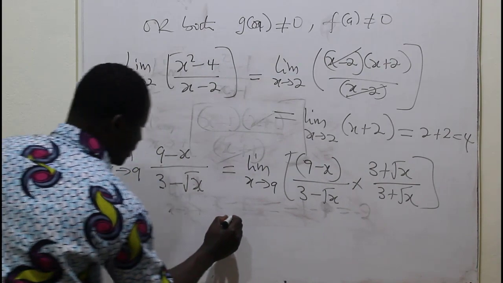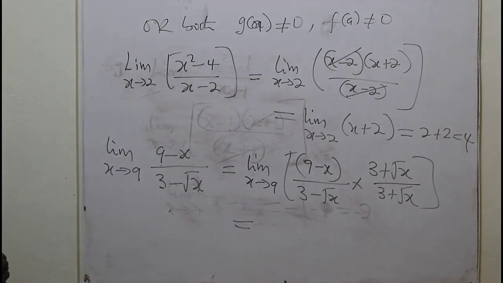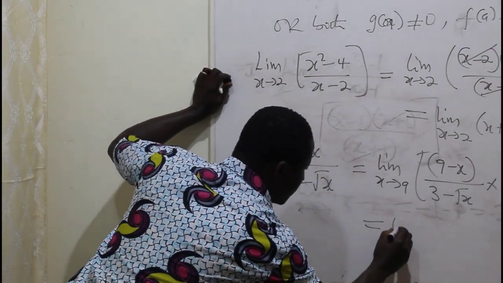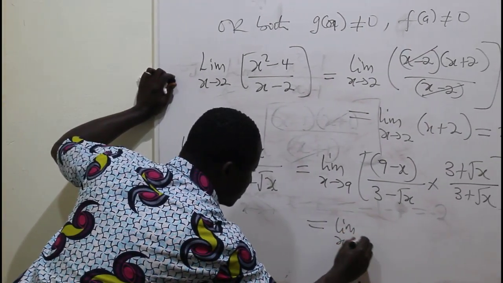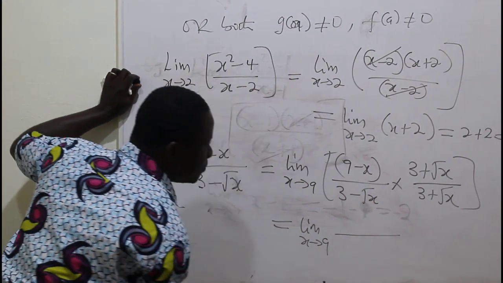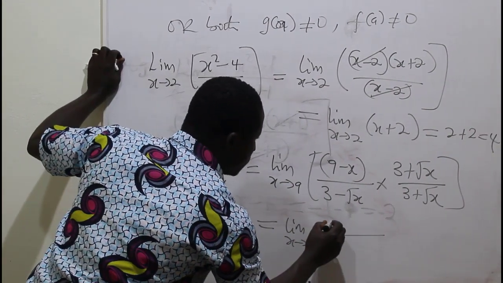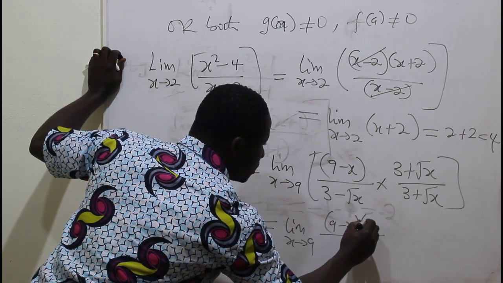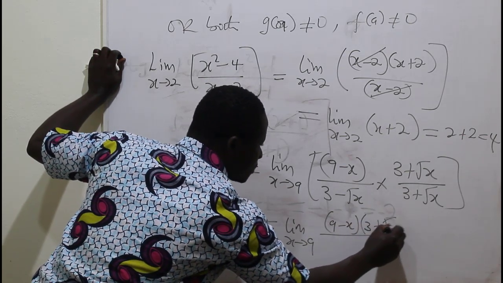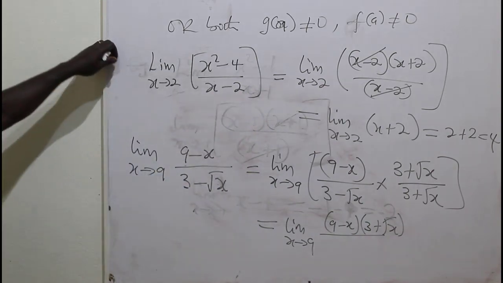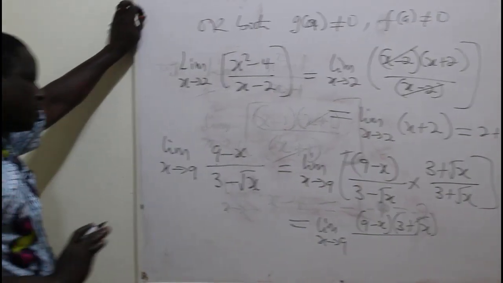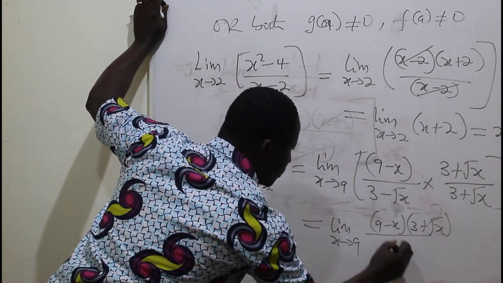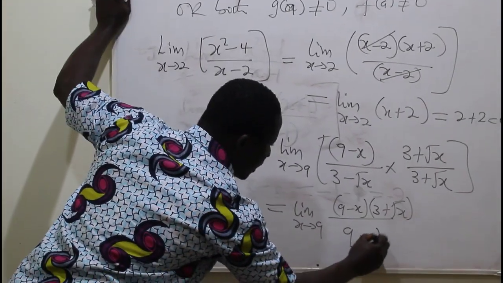The numerator is now 9 minus x times 3 plus root x. But the denominator will be a difference of 2 squares, so it will be 9 minus x, since when you square the second term, it will be x.